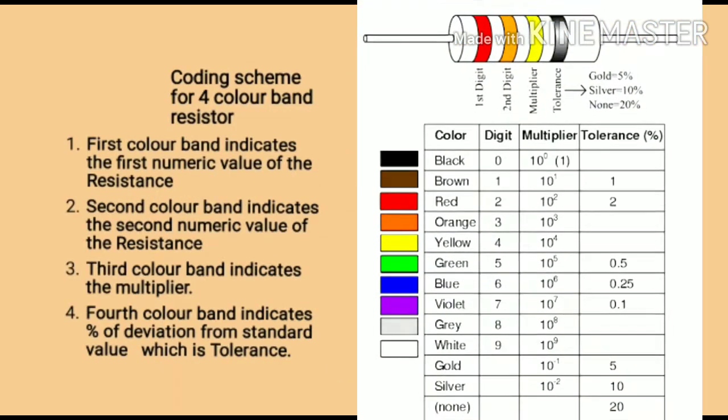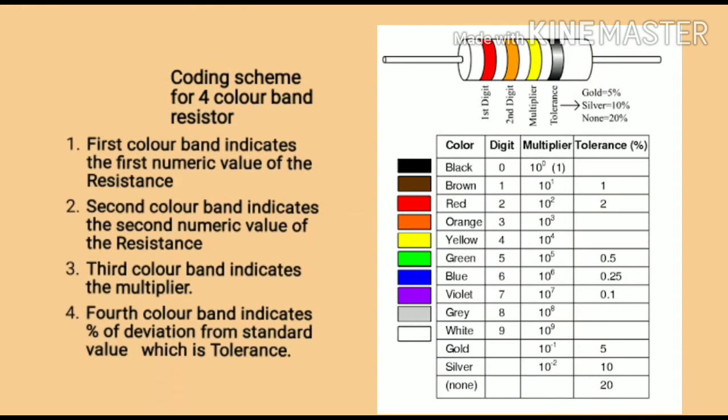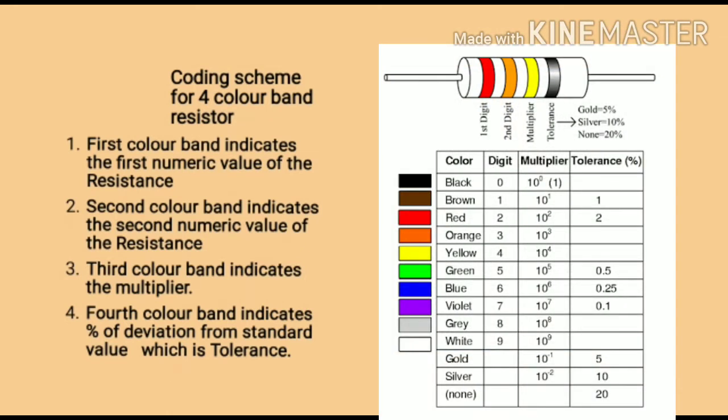In color band coding scheme, the ohmic value and the tolerance of carbon composition resistors is indicated by a color code. 10 colors are used to represent each of the digits from 0 to 9, which are given in the figure.